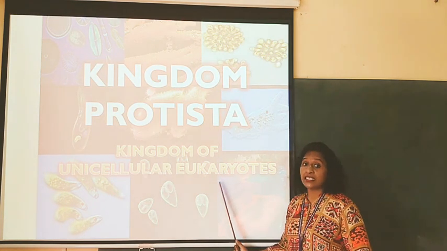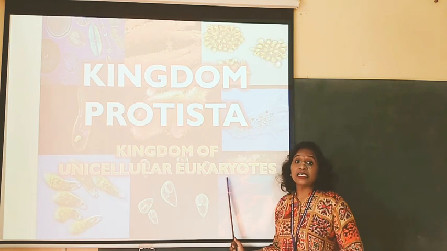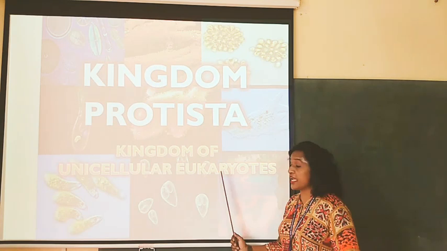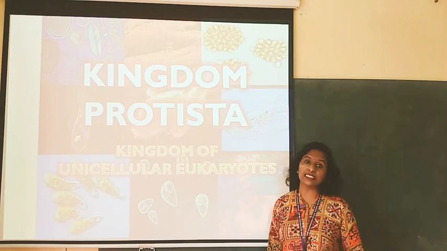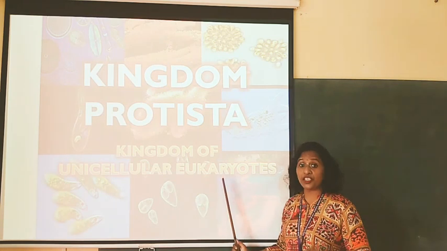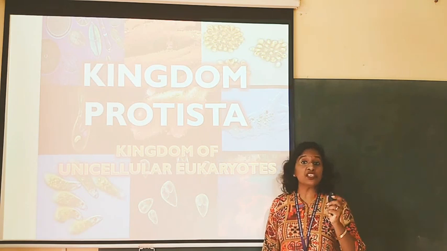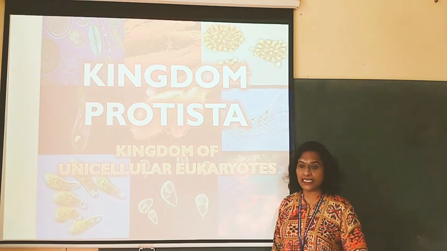So that is, the DNA or genetic material is surrounded by the nuclear envelope. So there is a proper nucleus present in these cells. Also, they will have membrane bound organelles which carry out various metabolic activities, right?